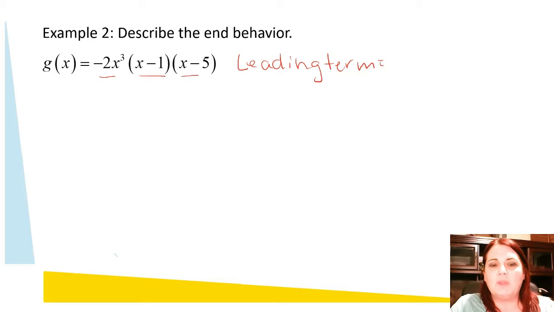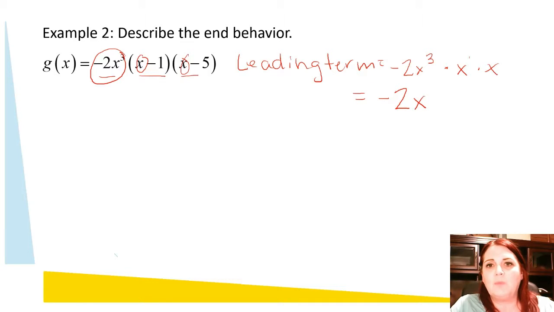So the leading term is going to equal negative 2x cubed times x times x. So we're multiplying this term and this term. Our leading term is going to be negative 2x, and that's cubed, and 1, so that's x to the fifth. This is the term we're going to use for the leading term test.